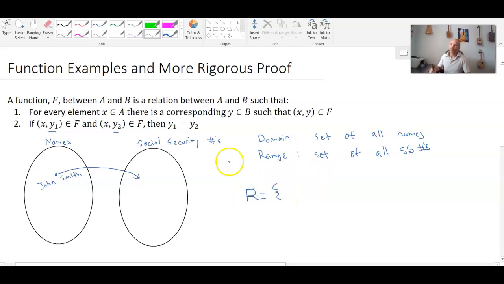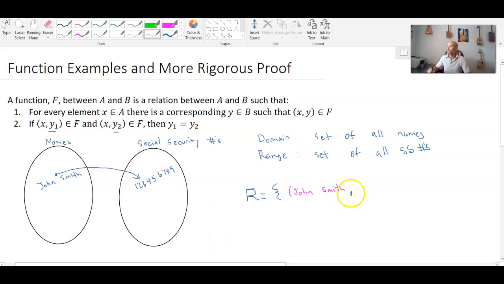It doesn't really matter what letter we use. R is equal to the set of all pairs. First of all, we're going to have John Smith, and John Smith may have a social security number that we'll just refer to as 1, 2, 3, 4, 5, 6, 7, 8, 9.